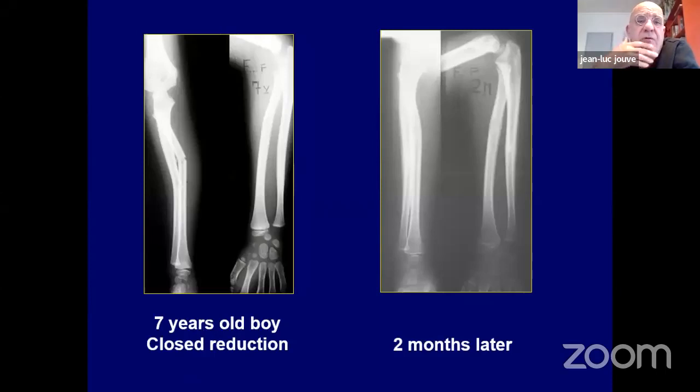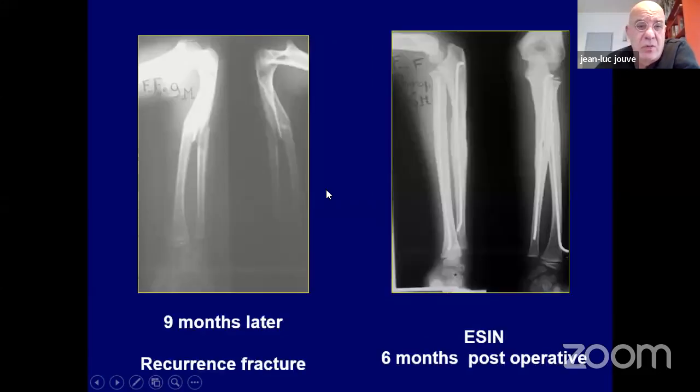One of the problems of the forearm, and I will end the chapter with this problem, is the recurrence of fracture. See this patient: closed reduction, as I said, we have a good result 2 months later, everything is okay, but 9 months later we have a recurrent fracture. And you see that the fracture is at the same place.